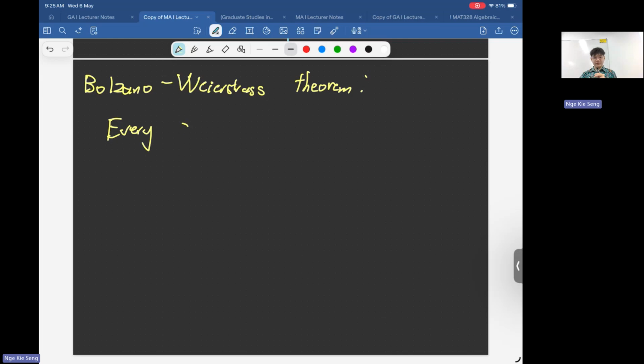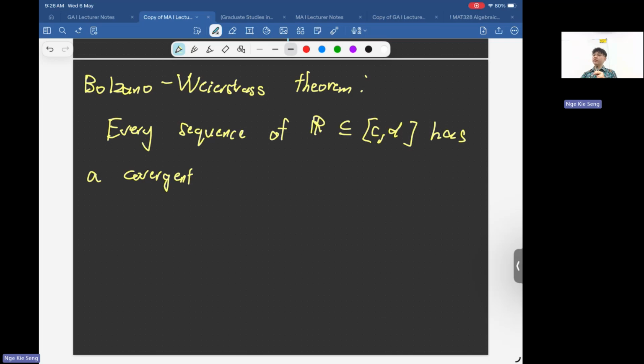So every sequence of real numbers contained in a closed bounded interval has a convergent subsequence. Okay, so if it converges, right, you can ask about the limit, right? So what do you think? Where should the limit live?